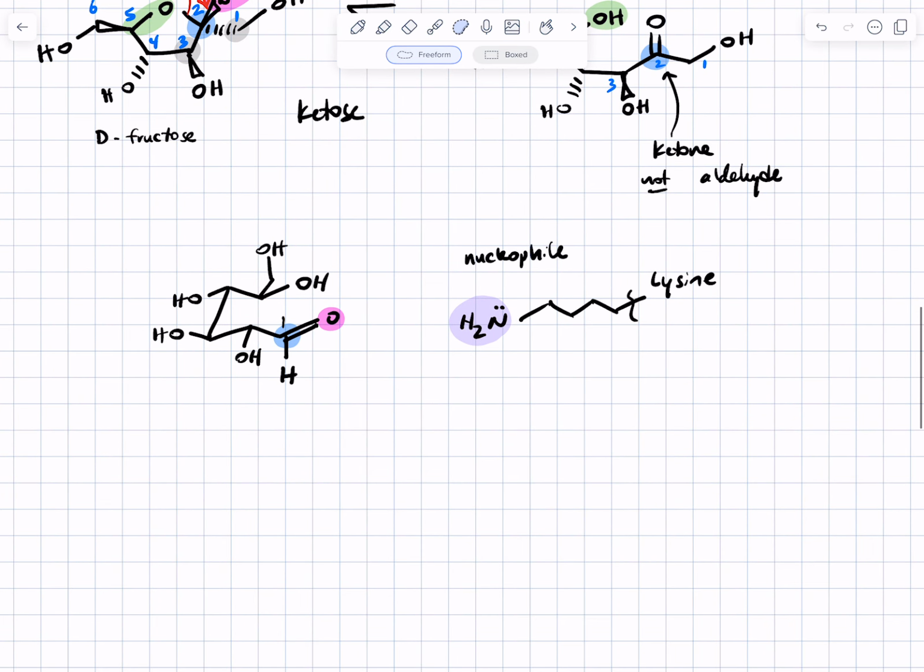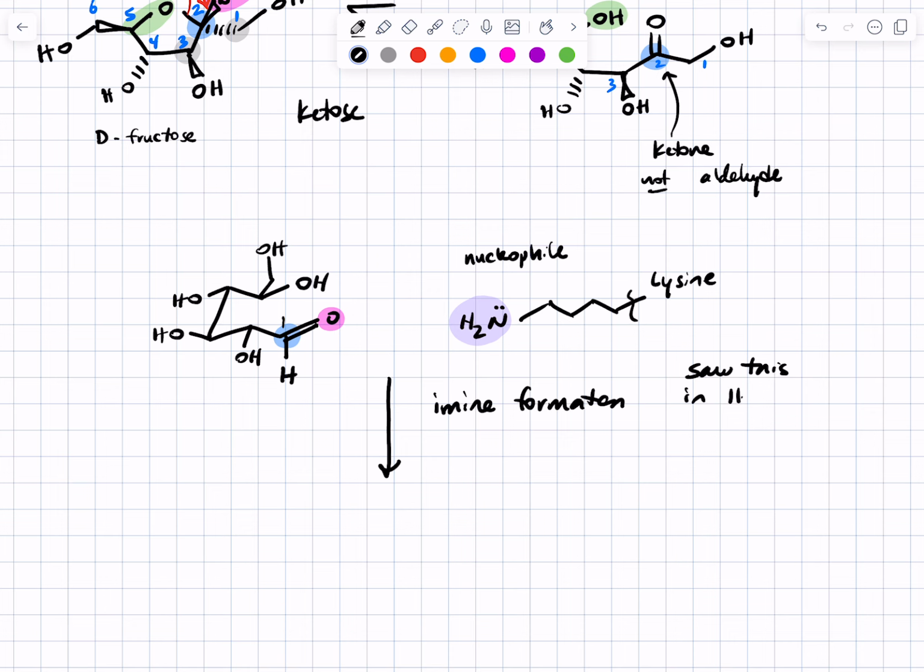So what can happen is a reaction called imine formation. We did this before, and we went through the mechanism, but it was kind of complicated. You saw this previously in the reaction of 11-cis retinal plus the protein opsin to make the protein rhodopsin, in which 11-cis retinal is attached to the protein via an imine linkage.